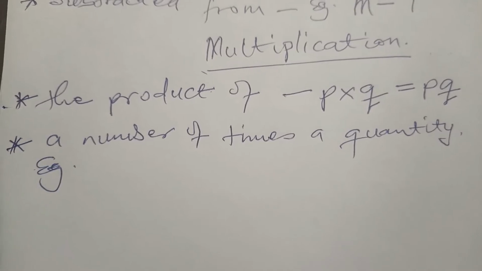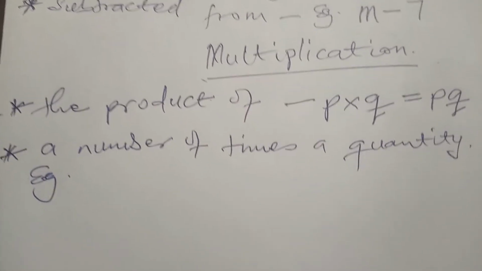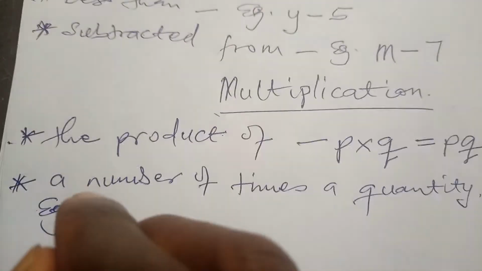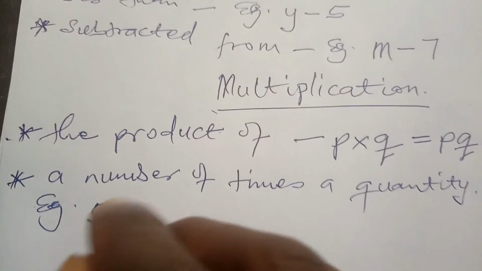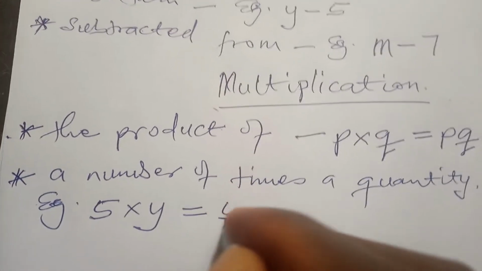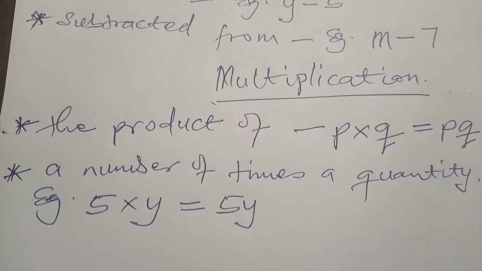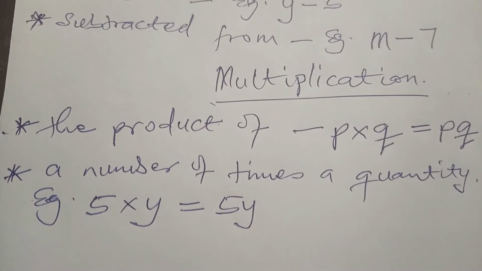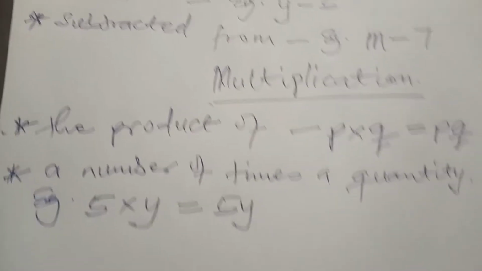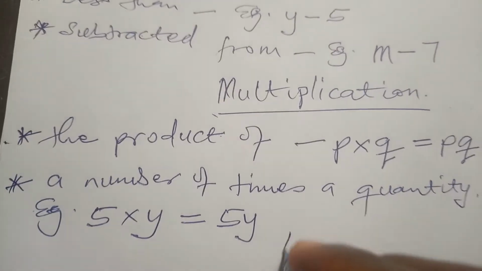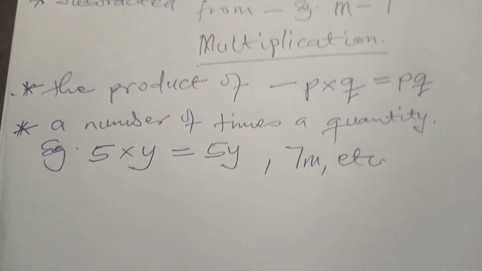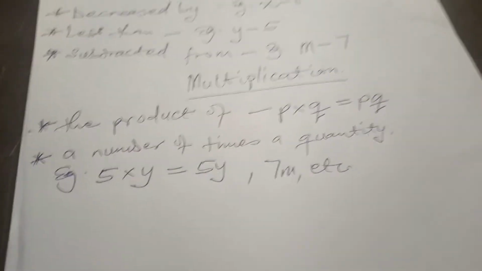If we choose to call that quantity maybe y, then 5 times that quantity will be 5 times y, which we learned in our previous video as 5y. 7 times m will give us 7m, and it continues in that order.